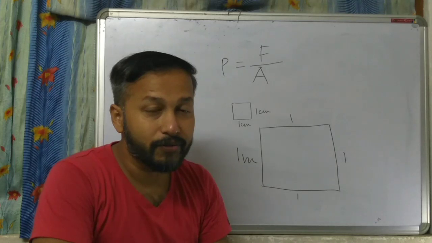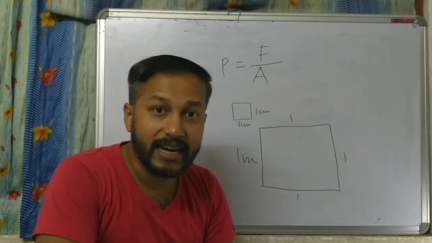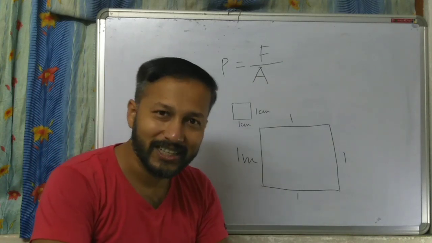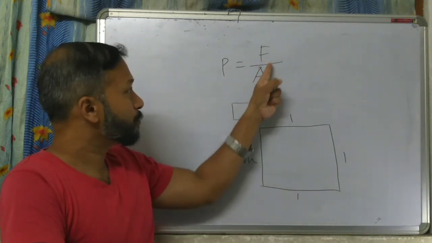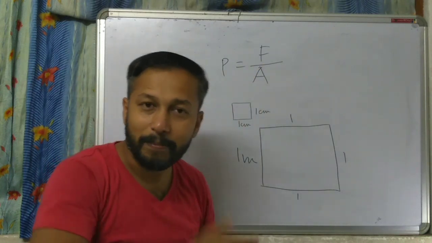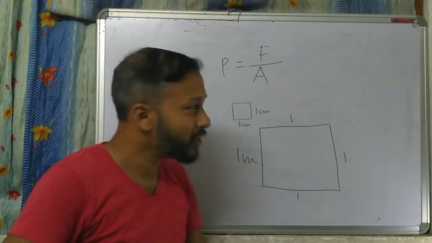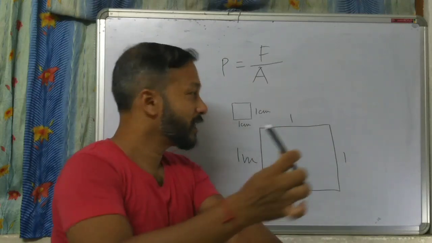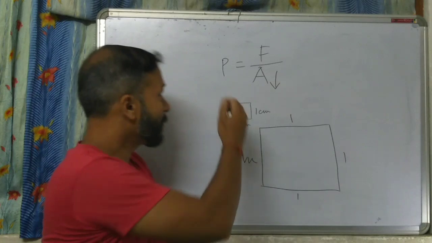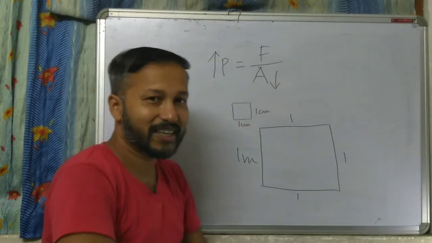And from that example, we can say that when area is less, means high pressure. So pressure equal to force by area. If your area is less, then pressure is high. Understood? So when area decreases, your pressure increases.